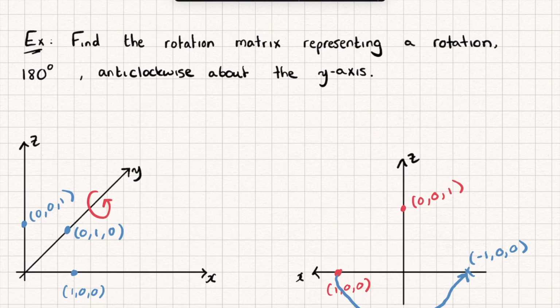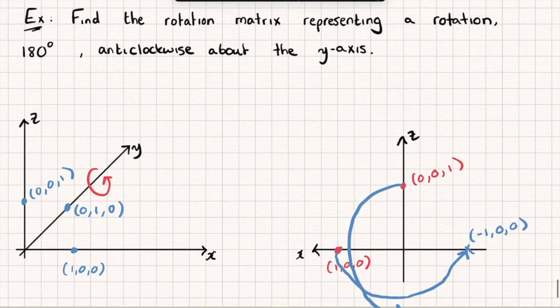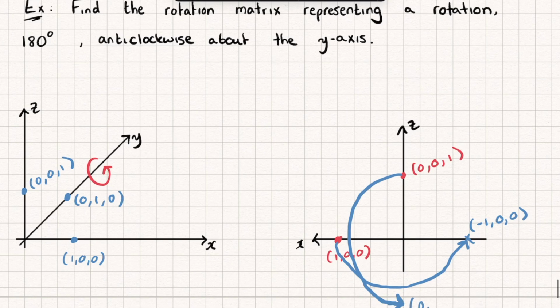The point 0, 0, 1 under a 180 degree rotation would move around to a point down here somewhere, which would have the coordinates 0, 0, negative 1. And so my rotation matrix, say M, would be: the point 1, 0, 0 has moved to the point negative 1, 0, 0. My y coordinate, or the point 0, 1, 0, is fixed, and the point 0, 0, 1 has moved to the point 0, 0, negative 1.